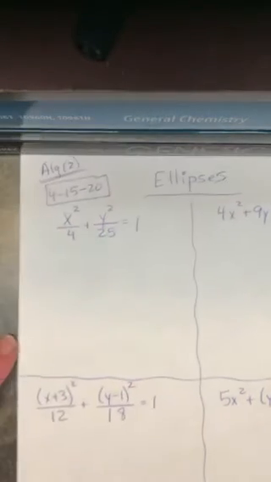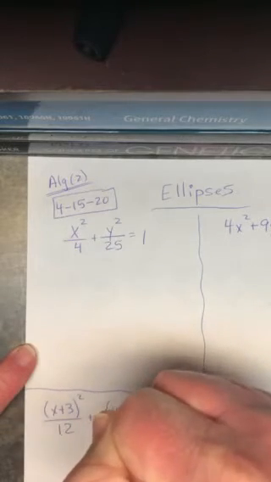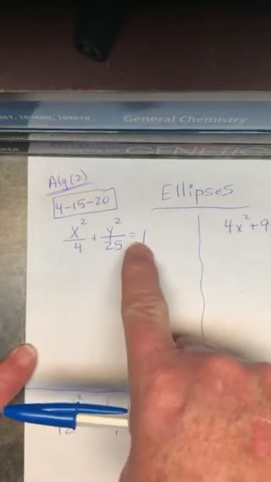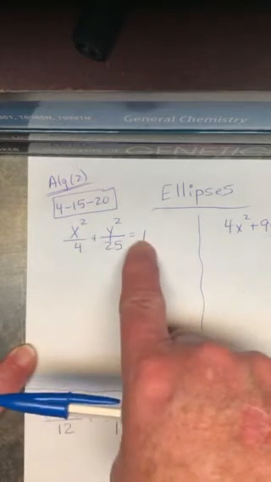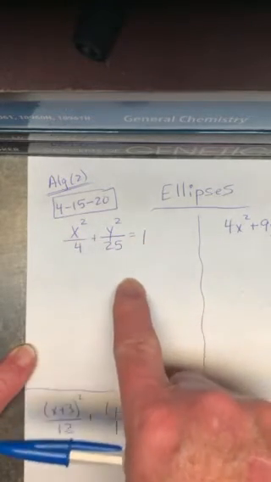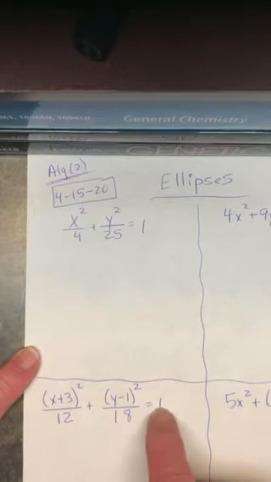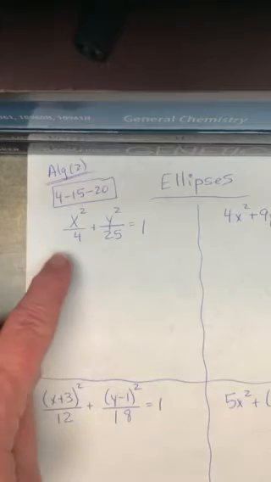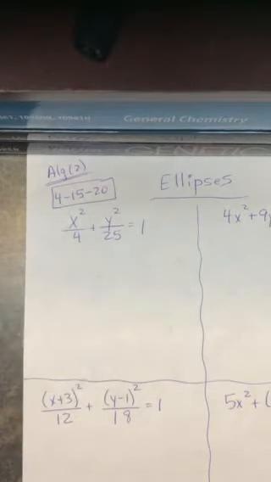The other thing to point out, an ellipse is always in, quote, standard form when it's equal to the number 1. So this first problem is equal to 1. And if you sneak a peek down here at this third problem, it's also equal to 1. So every time it's equal to 1, that's what you want, because that's called standard form.